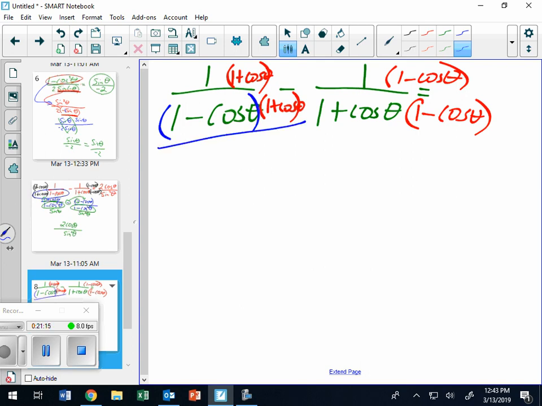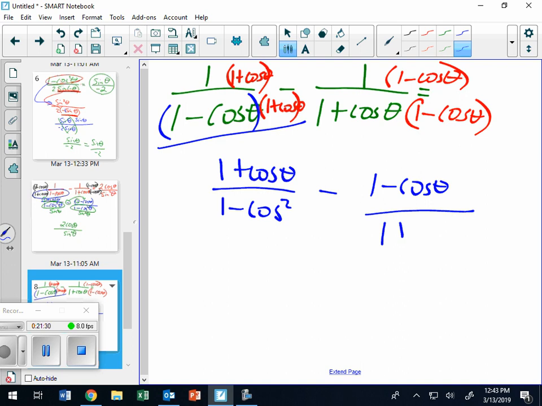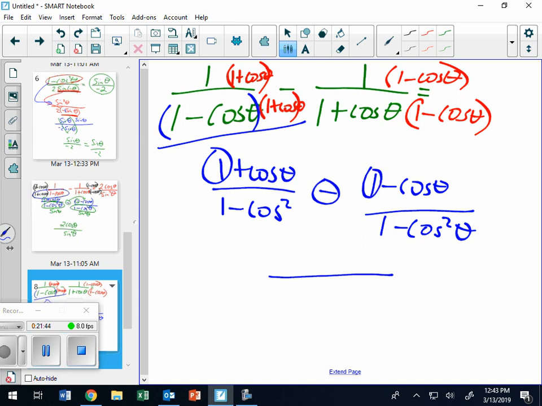That times that is 1 minus cosine squared. And then, I hope you knew that since the denominators are the same, we can put them together into one big fraction, and 1 minus 1 means the ones disappear.